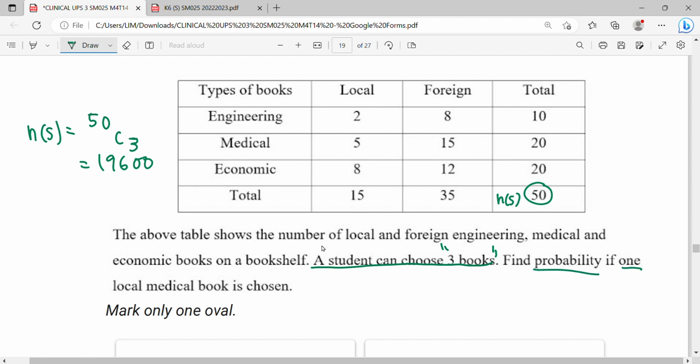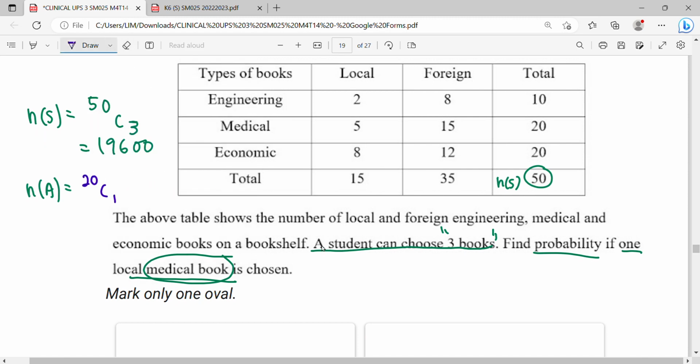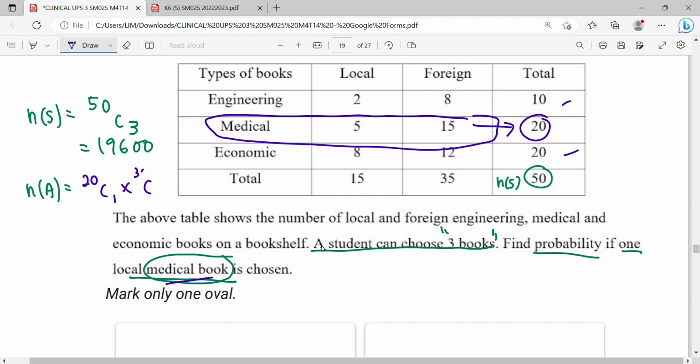Find the probability of 1. So your number of event is that one of them must be a medical book. So one medical book means among these 20 you choose one. Among the 20 you choose 1 medical book. So the task is still the same. The other two have no conditions, right? You must choose 3, one of them must be a medical book, so the other 2 books are random. So randomly from 30 choose 2.